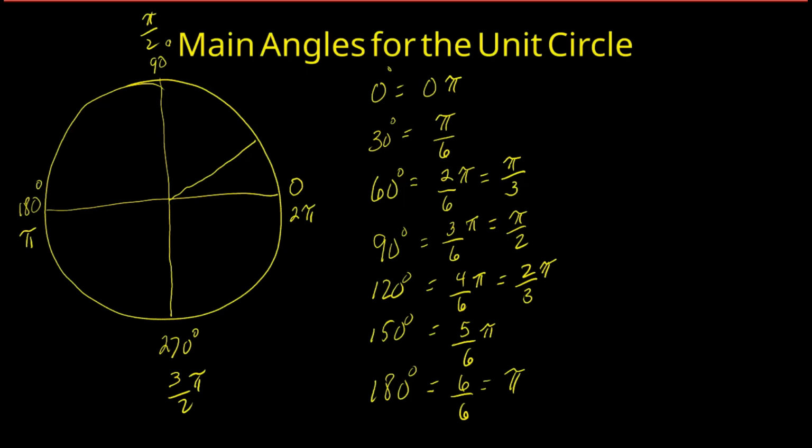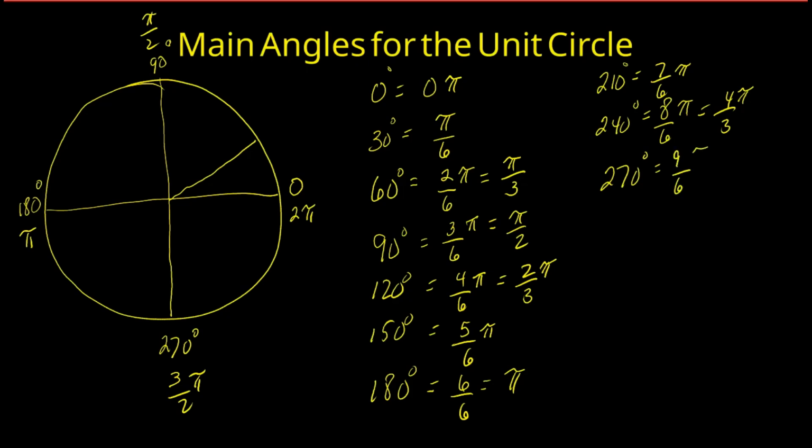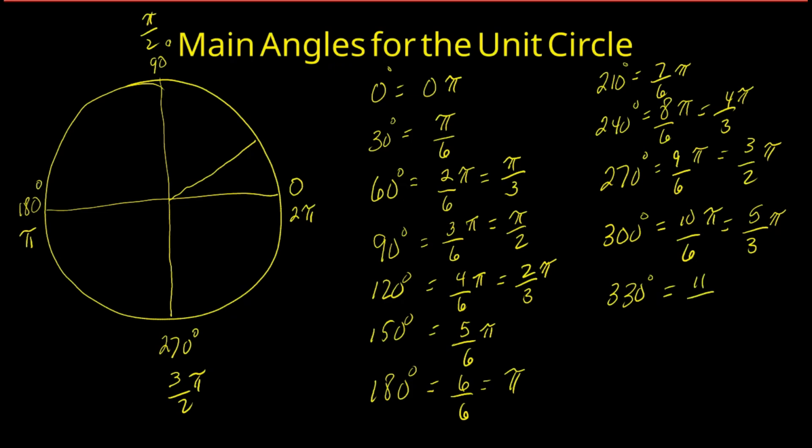Okay, the same thing going on the bottom half. So I have 210 degrees, which is 7/6 pi. 240 degrees is 8/6 pi, which reduces down to 4/3 pi. 270 degrees is equal to 9/6 pi, which is 3/2 pi. 300 degrees is 10/6 pi, which reduces down to 5/3 pi. 330 degrees equals 11/6 pi.